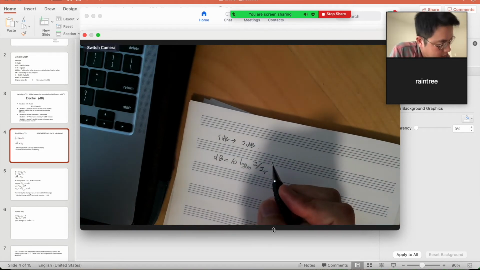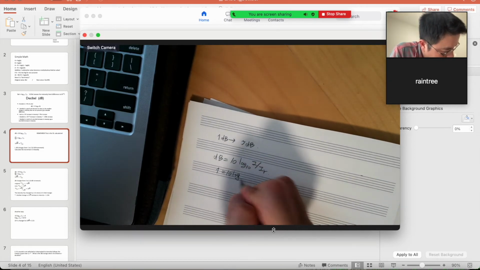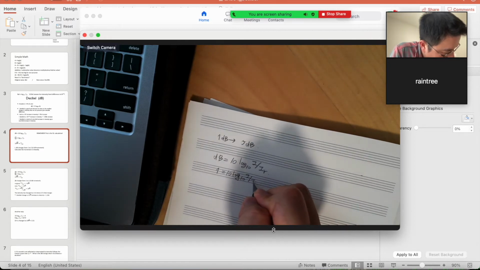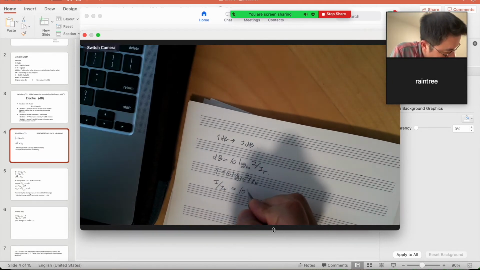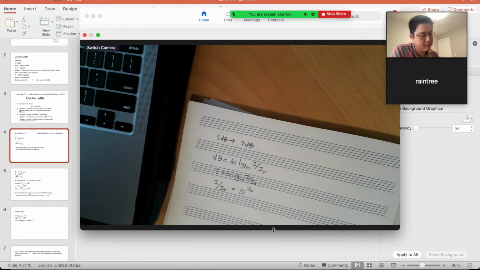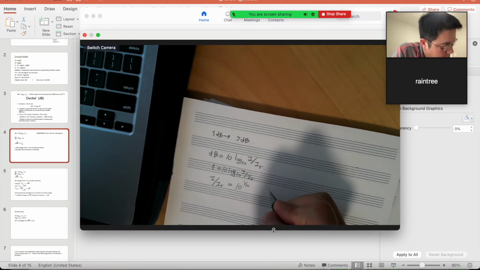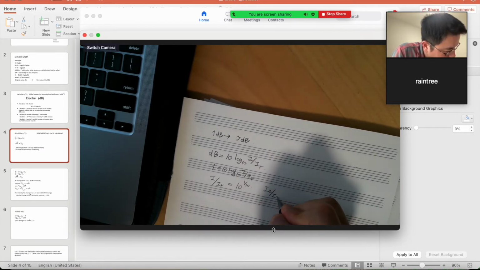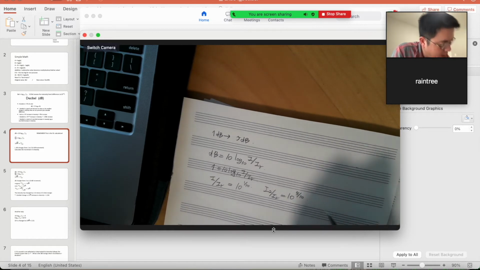So 1 dB is 10 log10 of I over IR, which means I divided by IR is 10 to the 1 over 10. And then what is the 5 dB? 5 dB is our new I divided by IR, which is 10 to the 5 over 10.